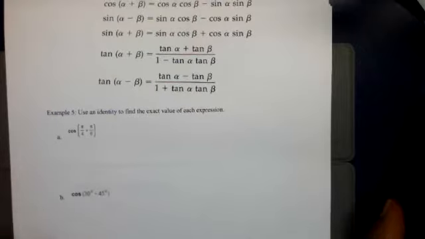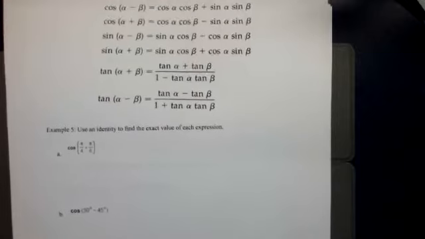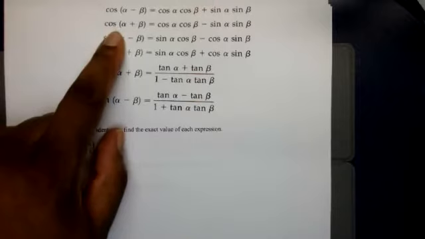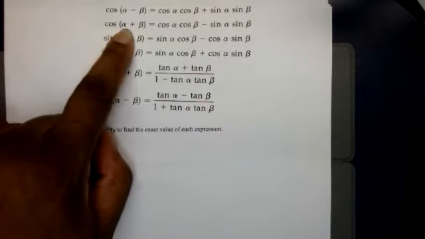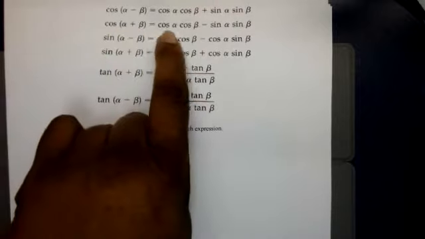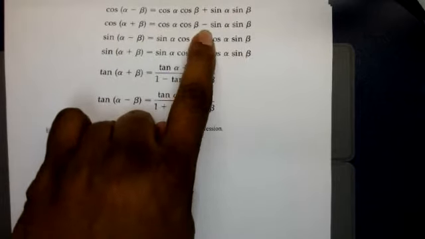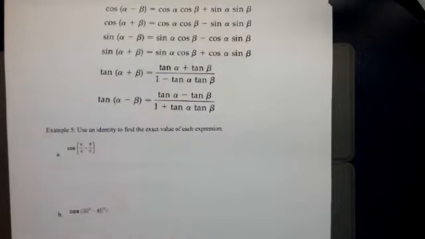So here, if we look at this, this follows this format right here, cosine of alpha plus beta. So we're going to write it out like this: cosine of alpha, cosine beta, minus sine of alpha, sine of beta.